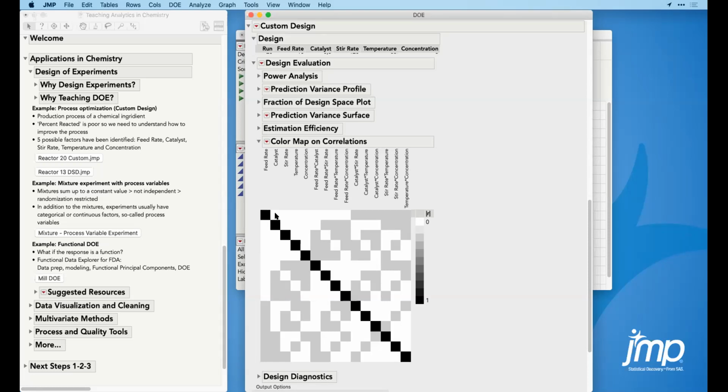All other main effect combinations are uncorrelated. That's nice. But for other combinations like this one, a correlation between the main effect catalyst, which is here on the left, and the interaction feed rate times stir rate, which is above, at this crossing point, we have a correlation. It's not that big, but there will be some aliasing or smearing.